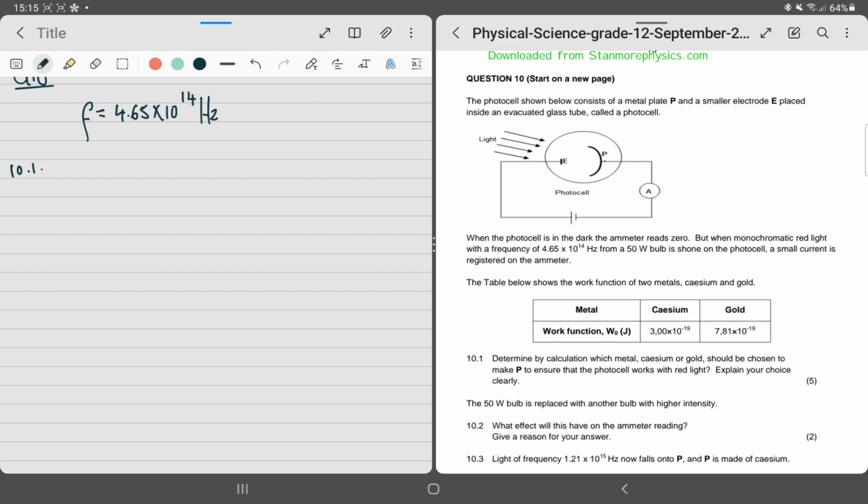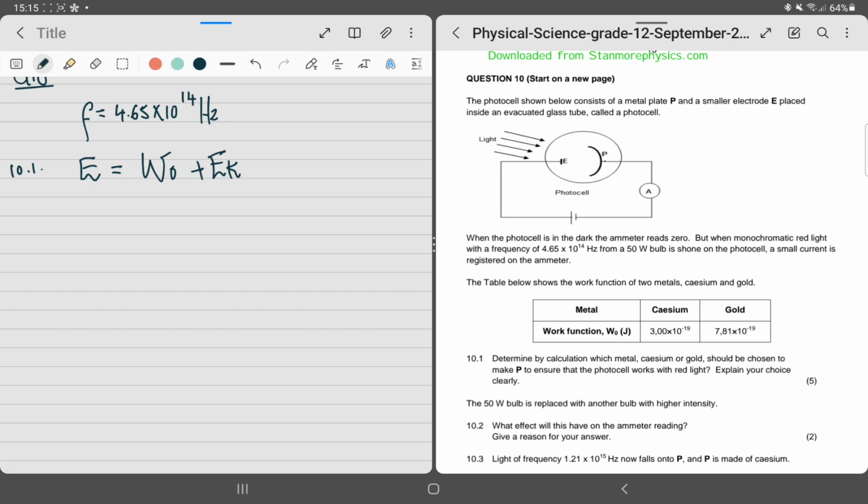Okay, so I want us to go back to this formula right here. EK. So, first of all, the work function is defined as the minimum energy that is required in order to move an electron.